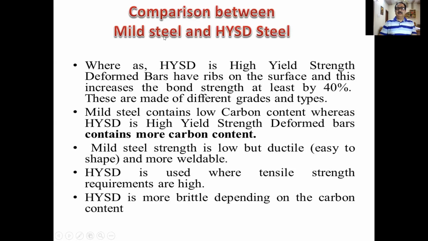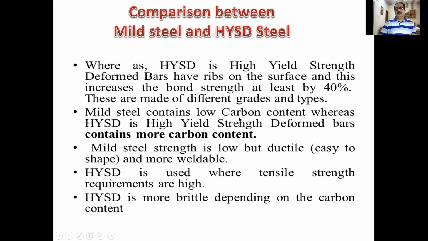Now, this is the comparison between mild steel and HYSD. HYSD bars, the high yield strength deformed bars, have ribs on the surface. Ribs are the undulations or projections on the surface, and this increases the bond strength by at least 40%. These are made of different grades and types, as I have mentioned: Fe415, Fe500, Fe550, and Fe600 grade steels are mentioned in HYSD bars.